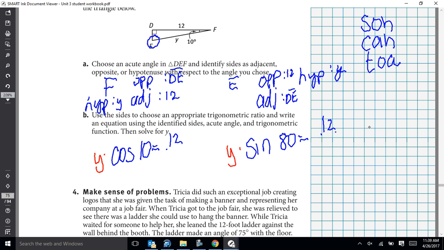So now we have this. I want just y equals, so I have y times cosine of 10 because we just multiplied, right? So how do I get it so it's just y? How do I undo this multiplication? Divide. Yes.